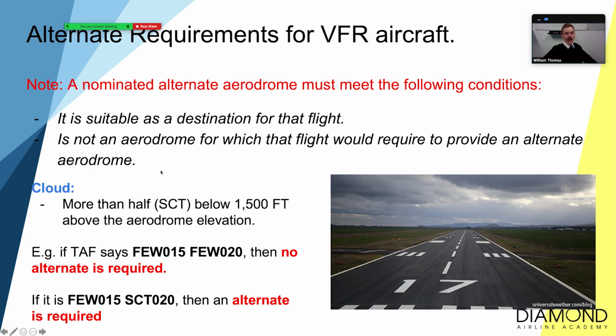Cloud more than scattered below 1,500 feet, we need an alternate. So if the TAF says few 1,500, few 2,000, then no alternate required. If it says few 1,500, scattered 2,000, then an alternate is required.